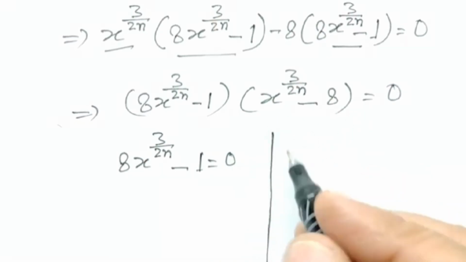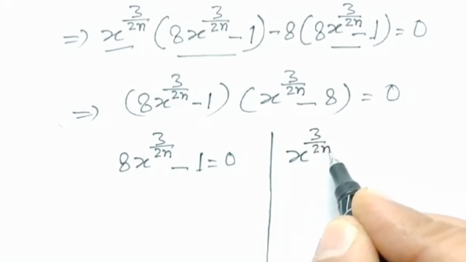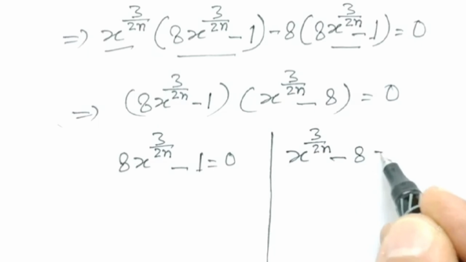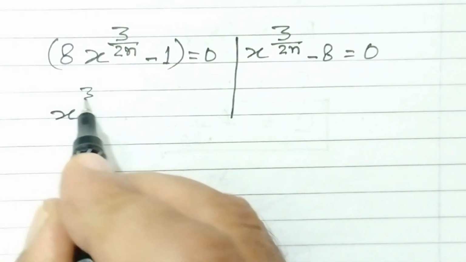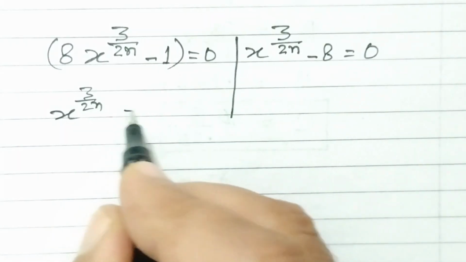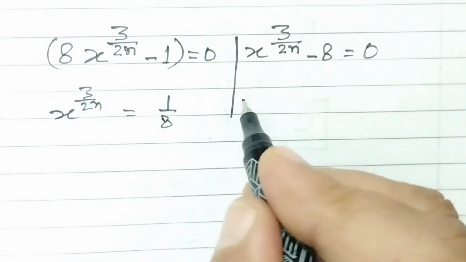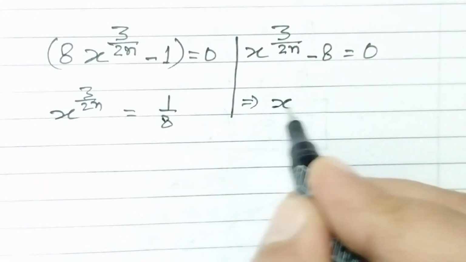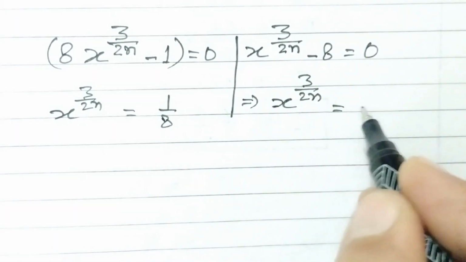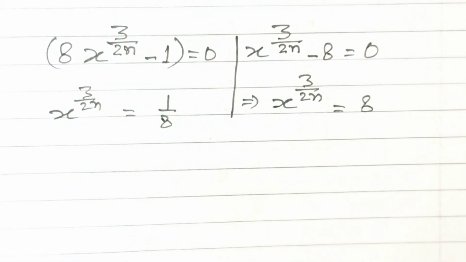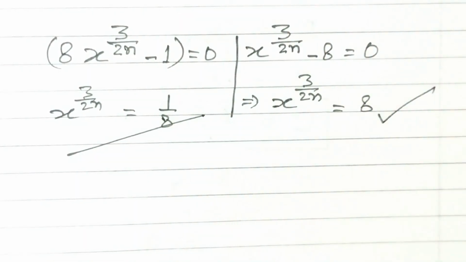And case second, x^(3/2n) minus 8 is equal to 0, so x^(3/2n) is equal to 8. So we will reject this value and accept this one.